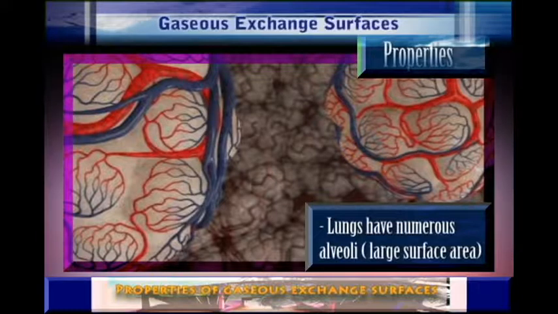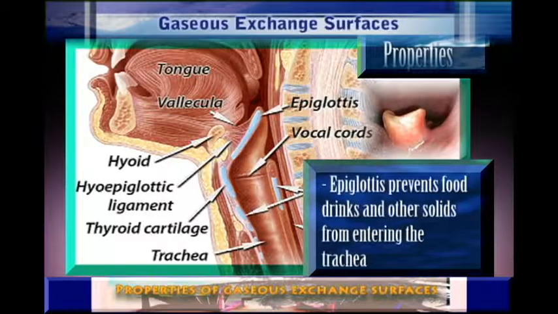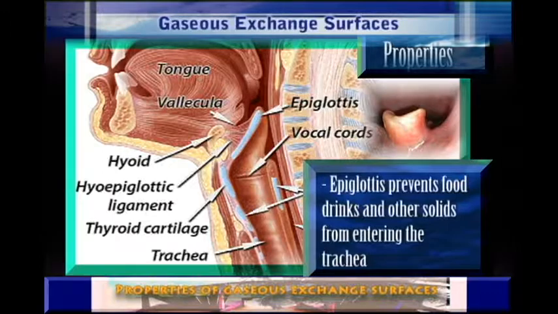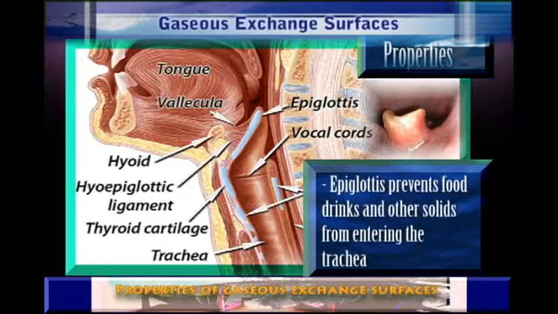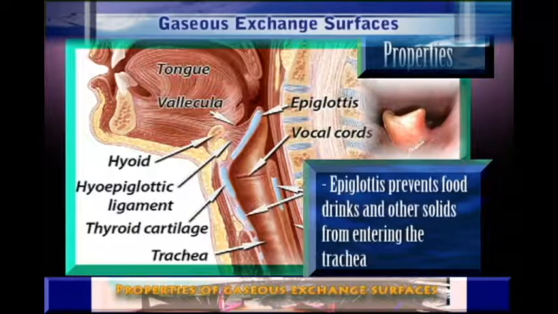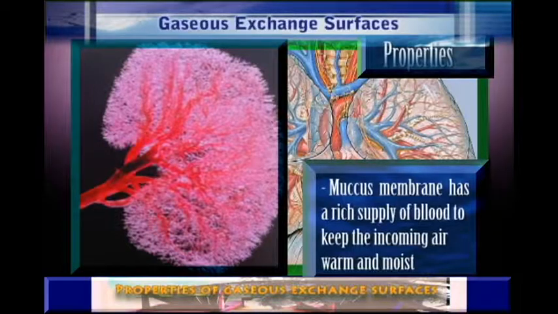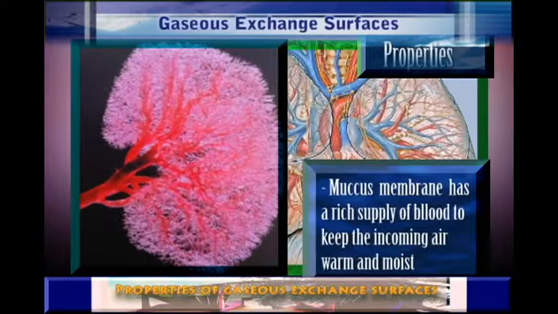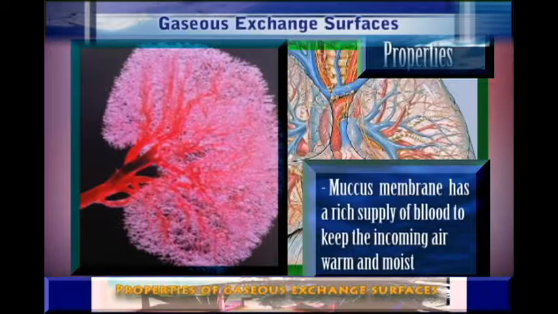And we have seen that the epiglottis also takes part in controlling the inlet of food, water, and other substances into the trachea. And we have seen that the mucous membrane has a rich supply of blood to keep the incoming air warm and moist.